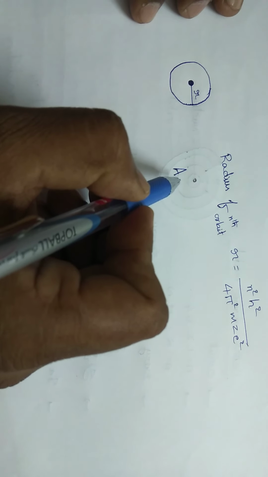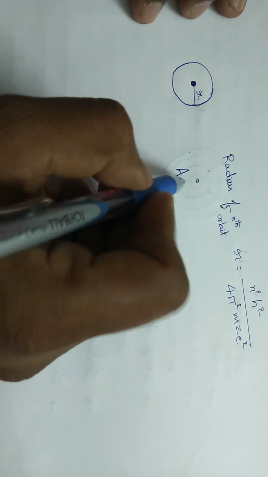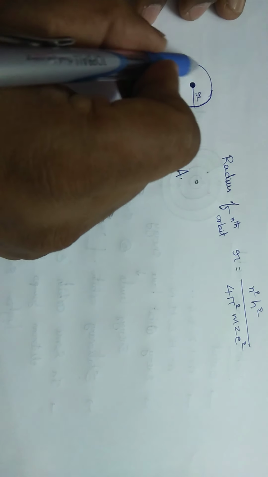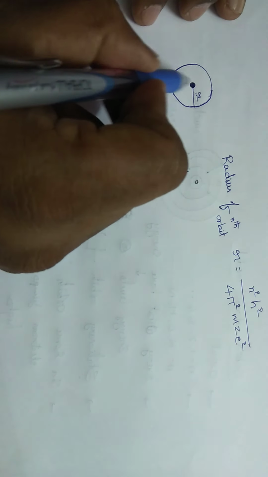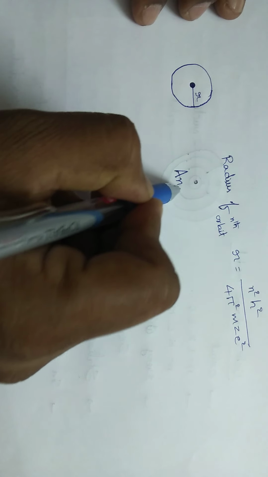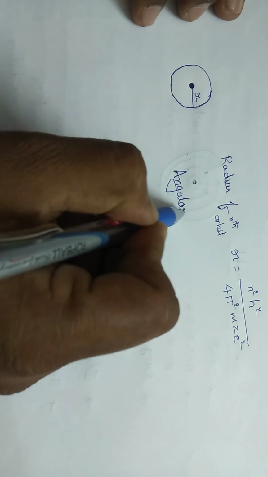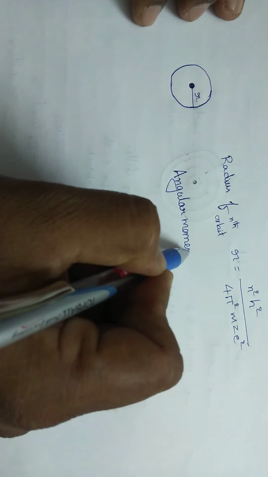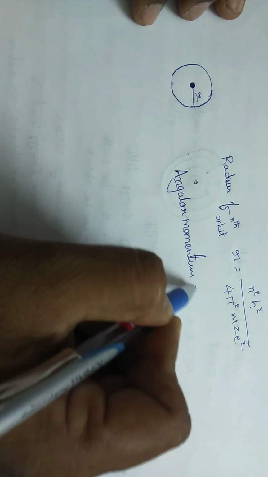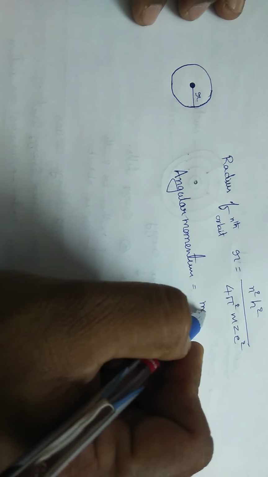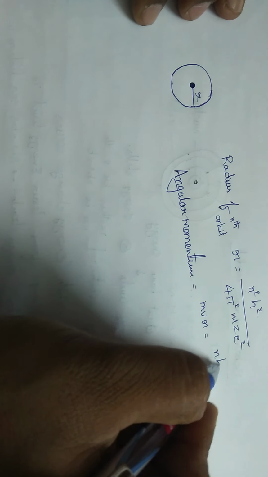But one important point we have to discuss: an electron continuously revolving around the nucleus has angular momentum. Angular momentum is equal to mvr is equal to nh by 2 pi.